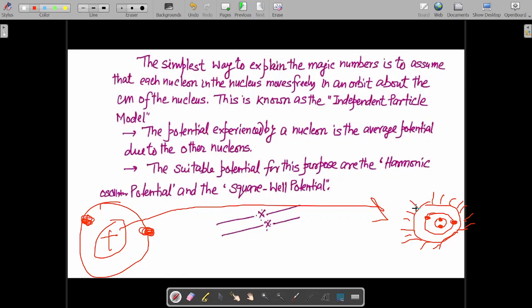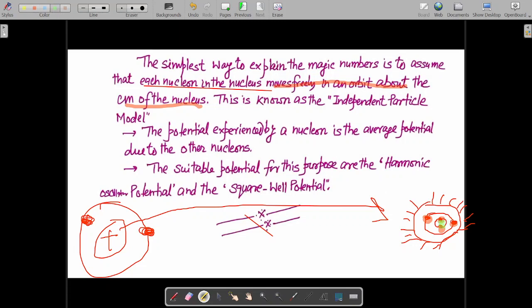So the simplest way to explain the magic numbers is to assume that each nucleon in the nucleus moves freely in an orbit about the center of mass of the nucleus. So where is the center of mass of this particular nucleus?